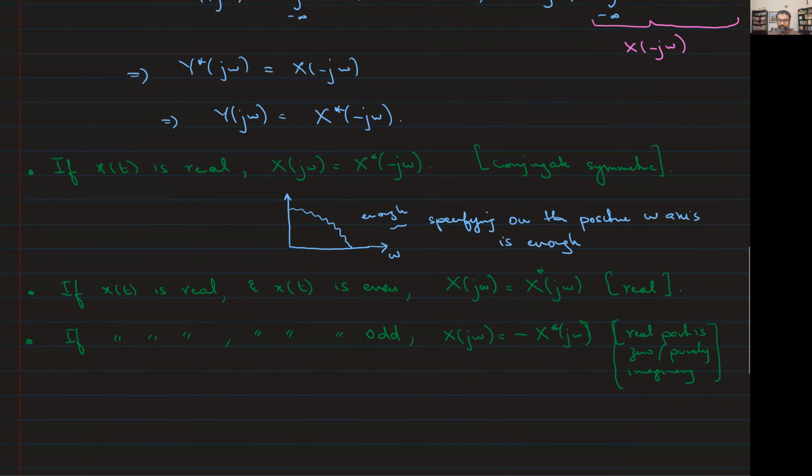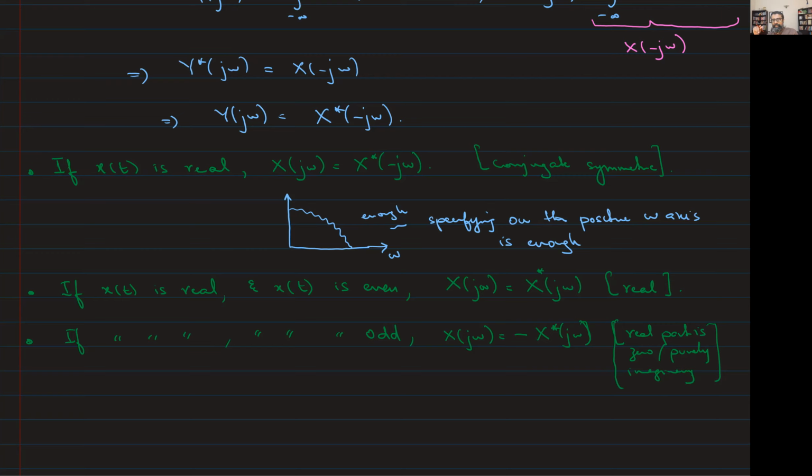Now, then the same Fourier series question is raised here: is the inverse also true? If we are given this about the Fourier transform, can we say something about the signal itself? For example, if you're given the fact that the Fourier transform is real, is there a guarantee that the time domain signal is going to be real?